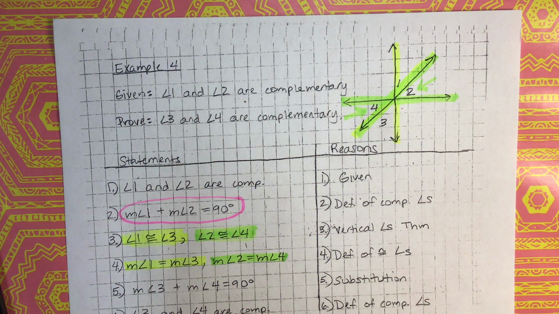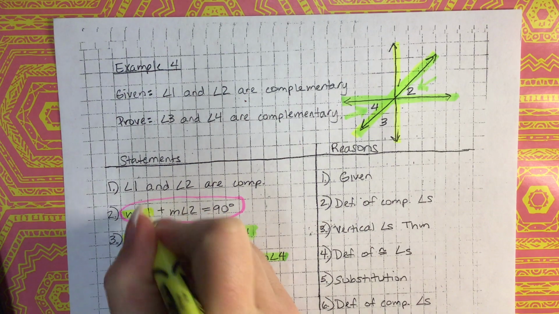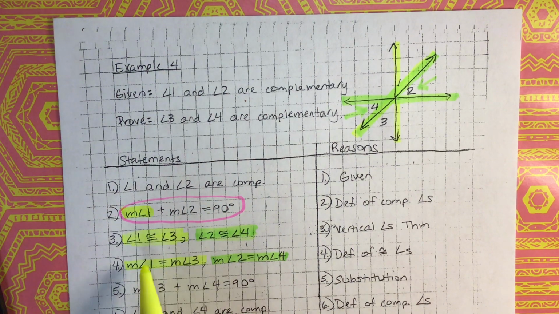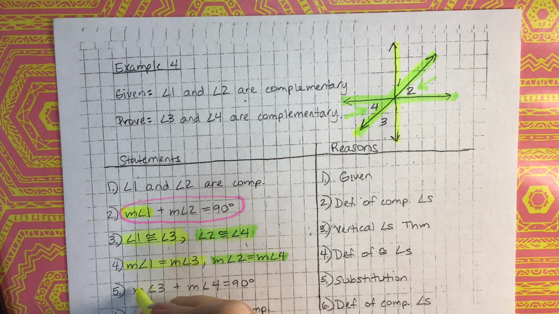So look, it's kind of tricky what they do. So what do we see? We see measure of angle 1. Well, is there another way of saying the measure of angle 1? Yeah, we can say that as the measure of angle 3. So instead of saying the measure of angle 1, they substitute the measure of angle 3 in for the measure of angle 1 here.